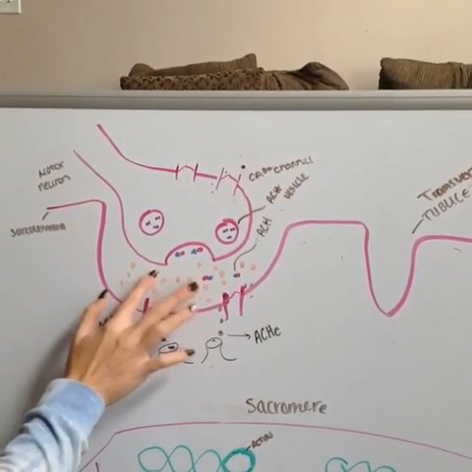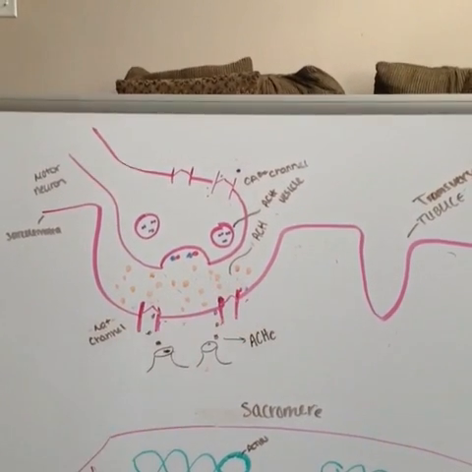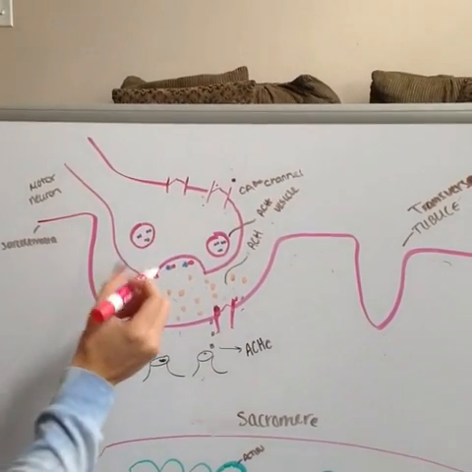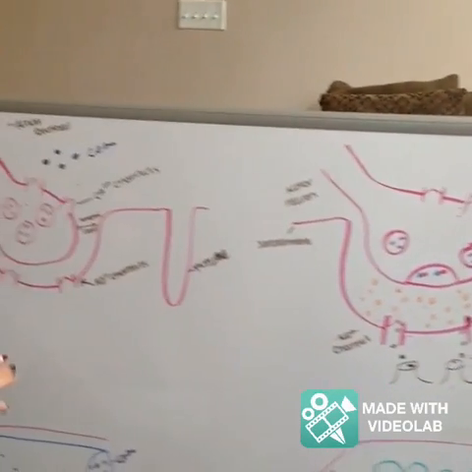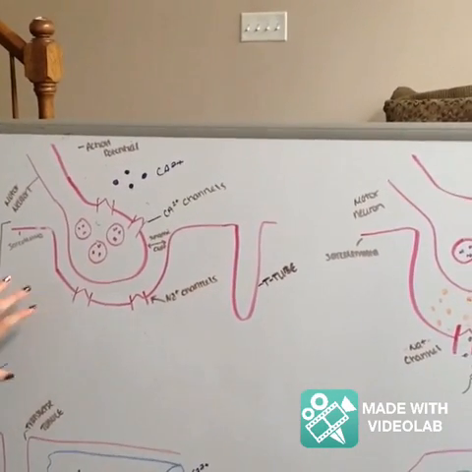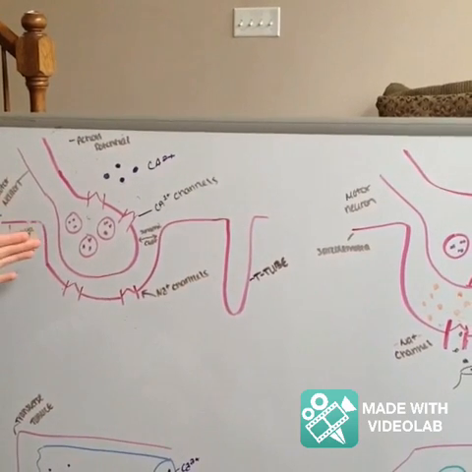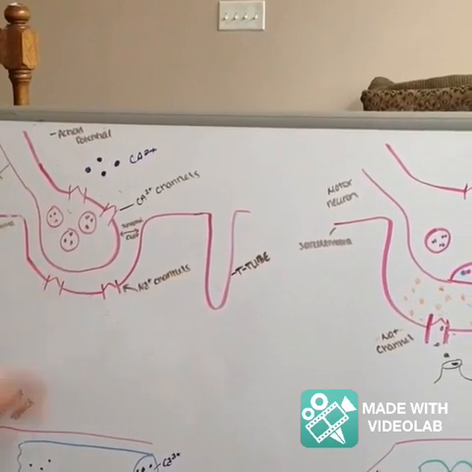And then the ACH goes back to the vesicle, and then the vesicle will close off, and everything will go back to normal again. With all the channels closed off, the vesicles are back where they started, and the sodium channel is being cut off.